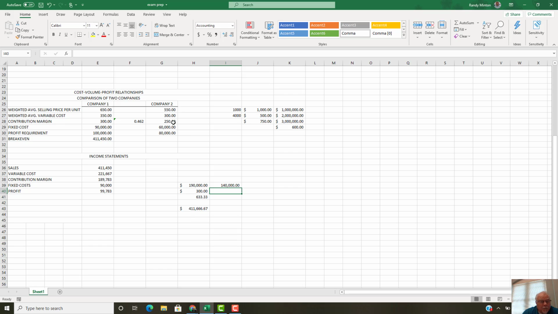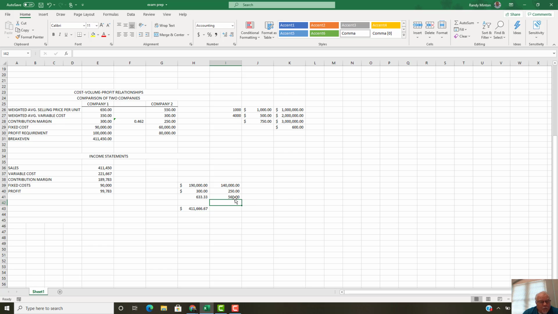My contribution margin here per unit is $250. And so therefore, if I divide this by this, I'm going to get the number of units that I need to break even, assuming a profit requirement of 80,000. Now this one worked out pretty well because it's an even number.